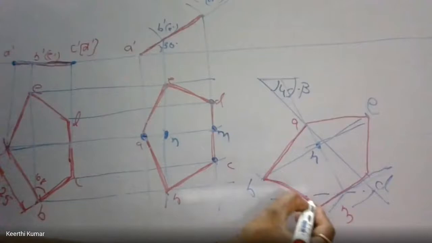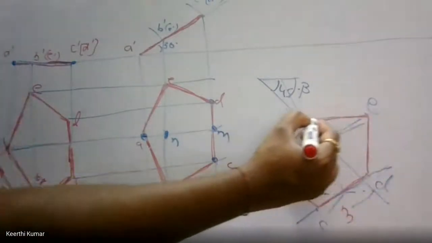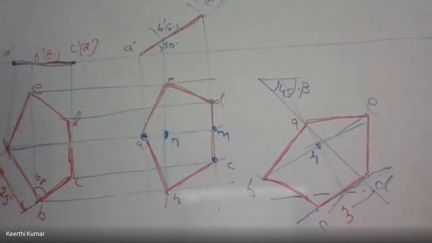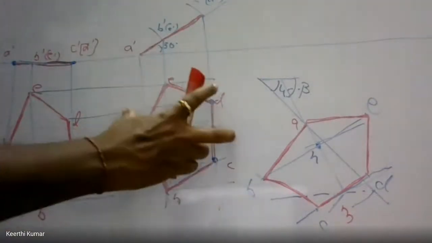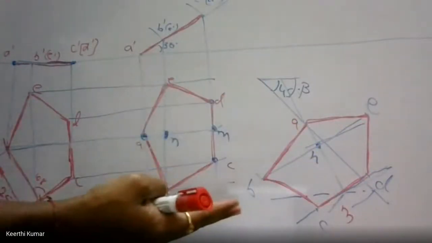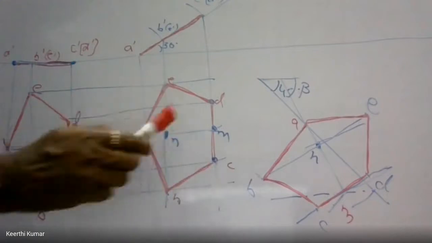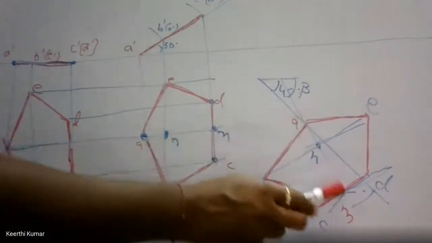Just concentrate on how to reproduce this figure here. Many students I observed in the exam fail to reproduce this figure here. It is very simple, just copying this figure and pasting here. The procedure is very simple. First, you measure AM, mark AM.